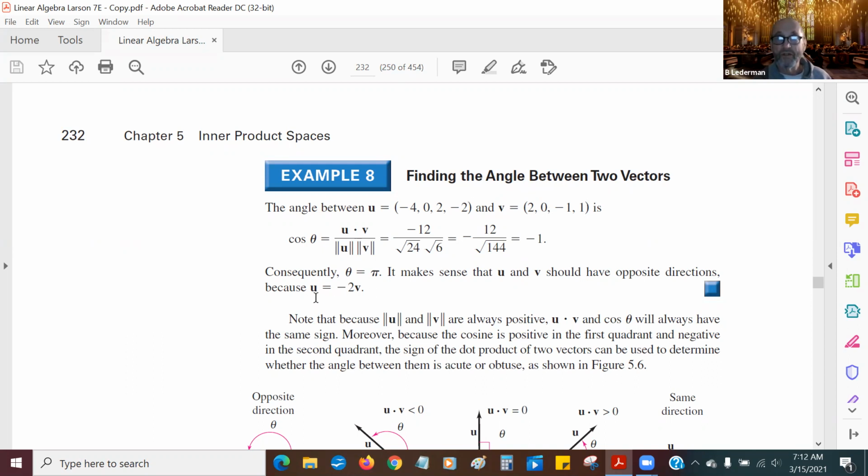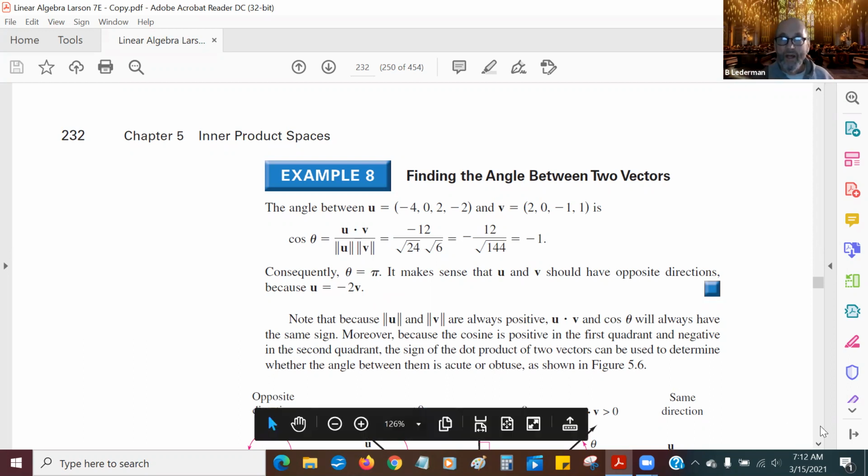So notice that vector u is equal to -2 times vector v, which makes sense for it to have the opposite direction. Now again, opposite direction doesn't have much meaning in 4 dimensions, but somehow the math works out consistent. So these definitions work out in a very cool way.